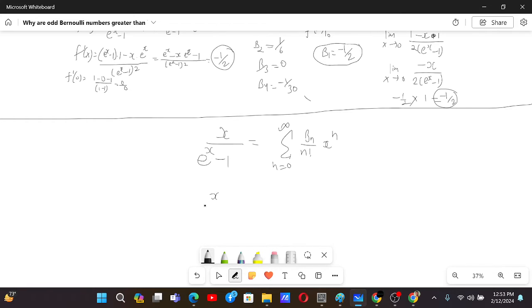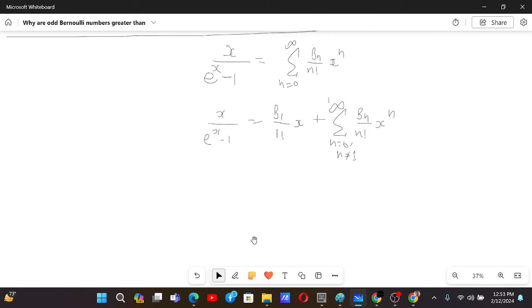So when n equals 1, we have B_1 by 1 factorial times x. Let's take that out from the sum. What I can write is the sum from n equals 0 to infinity, but n is not equal to 1. So this is the condition now. We have B_n by n factorial x to the power n.